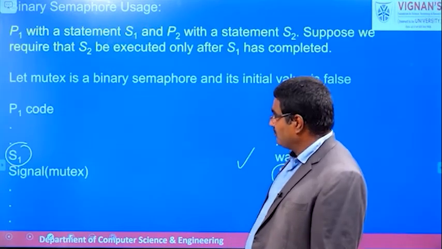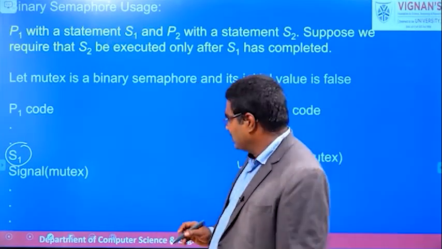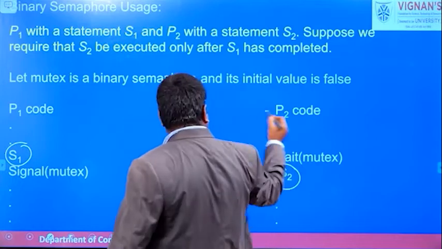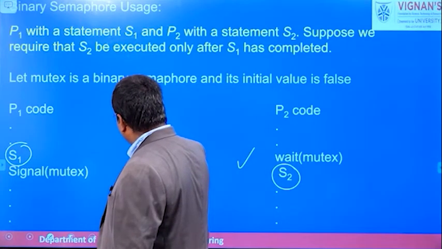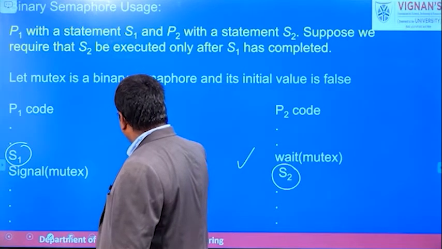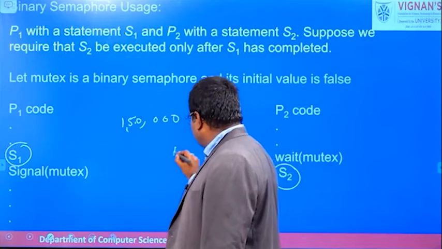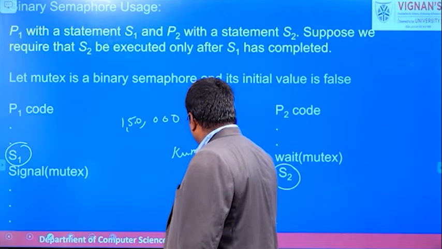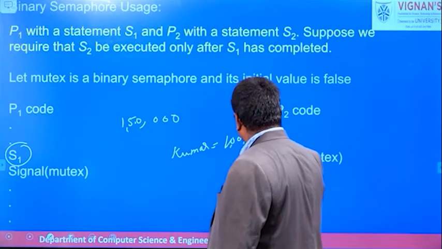Next, we discuss one more example where we are using the binary semaphores. We are assuming that P1 and P2 are the two processes. The task is to transfer 1,50,000 rupees. Kumar has a bank account and his balance is 1 lakh rupees.